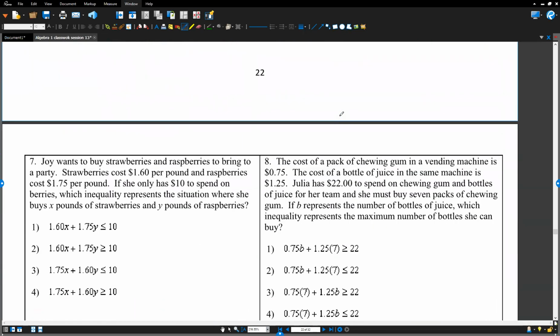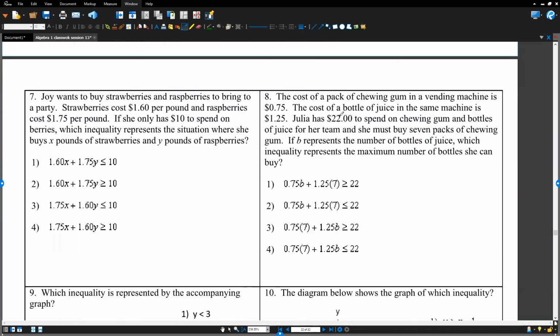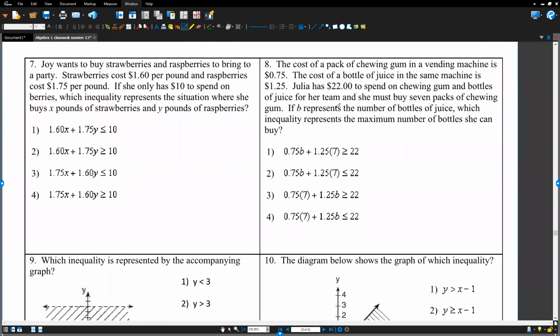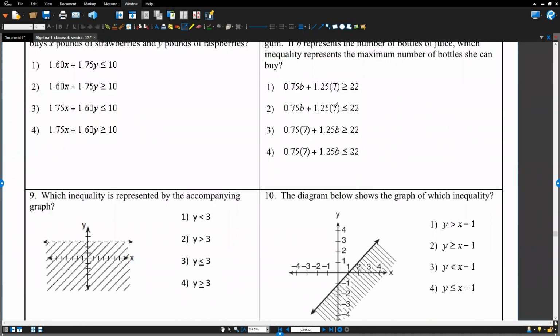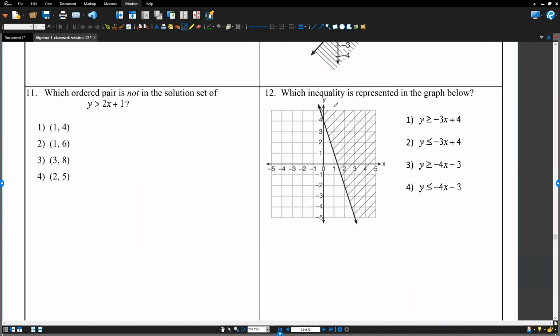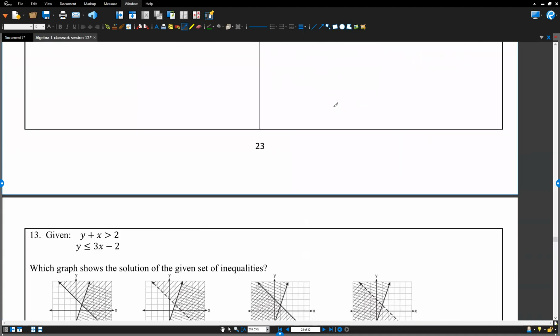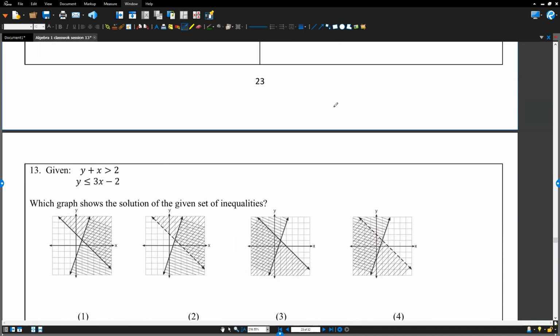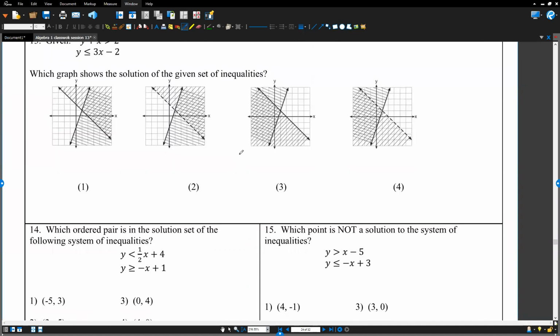Okay, move on to the next one. A lot of work over here. I think we're almost done, right? Because we know how to graph this one and how to find the solution set.